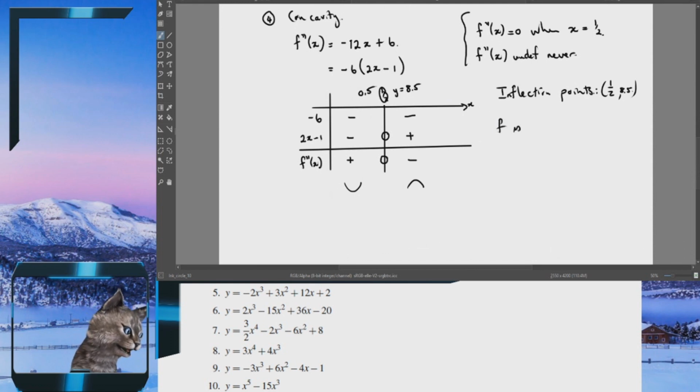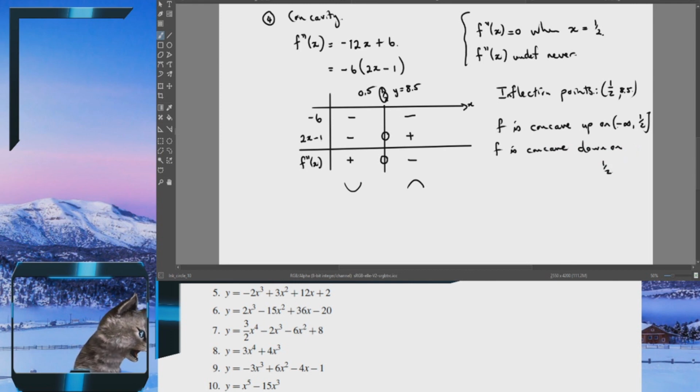Then we'll sum it up by saying f is concave up on the interval negative infinity to 1/2, or 0.5. F is concave down on, running out of space, 1/2 to infinity.